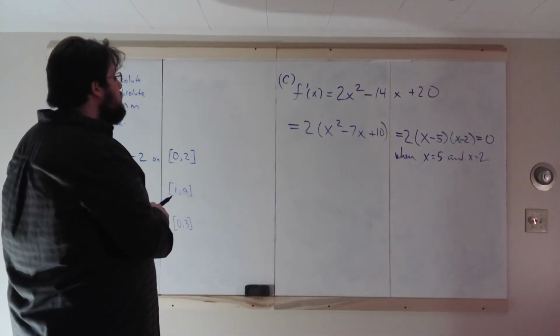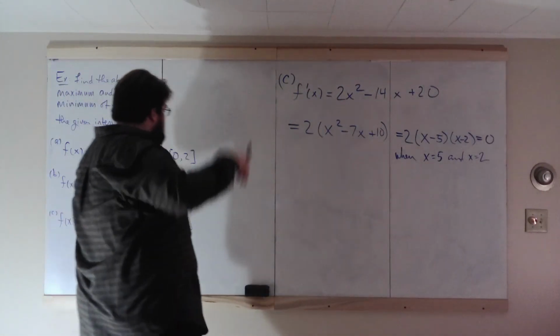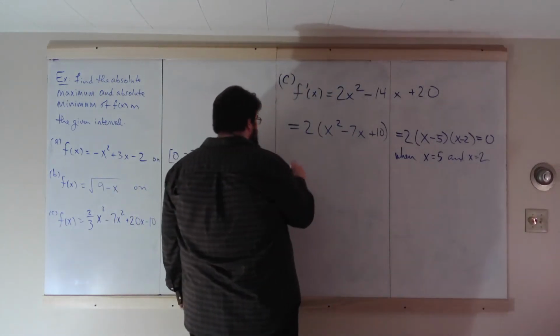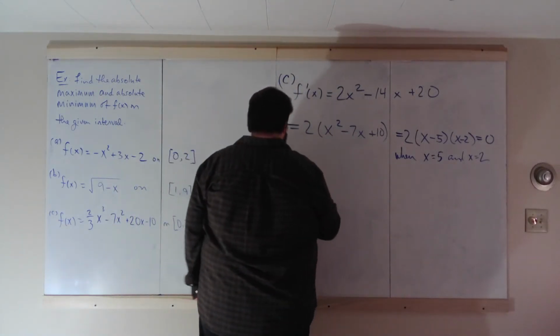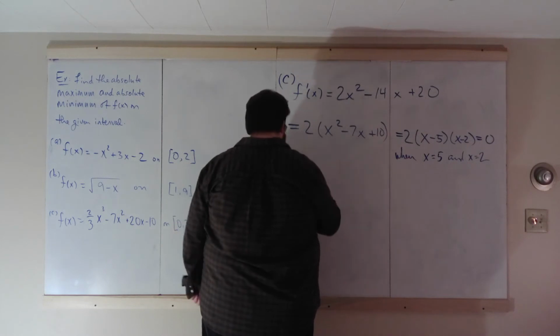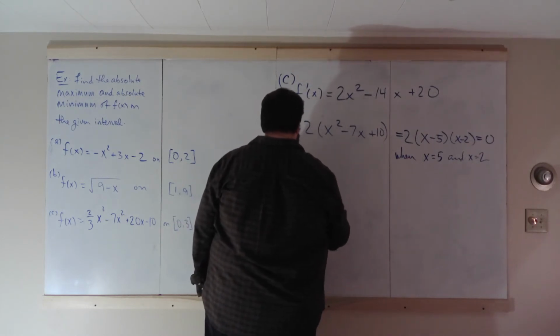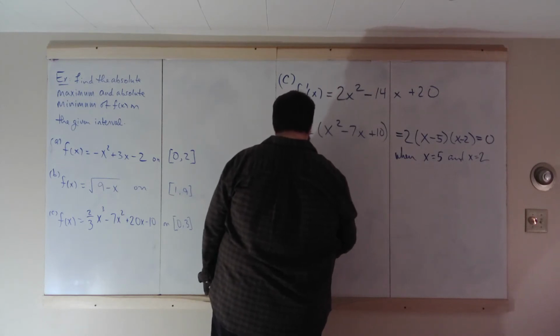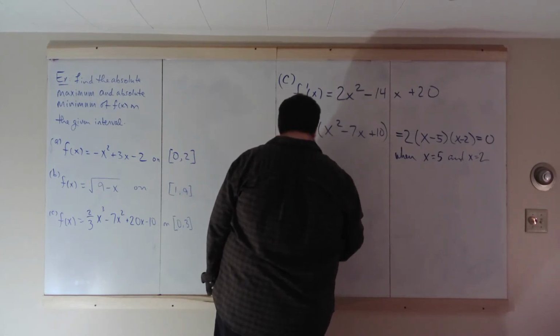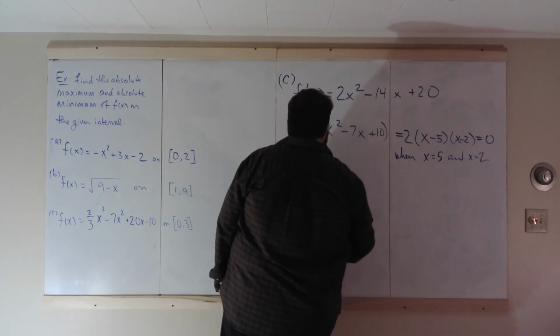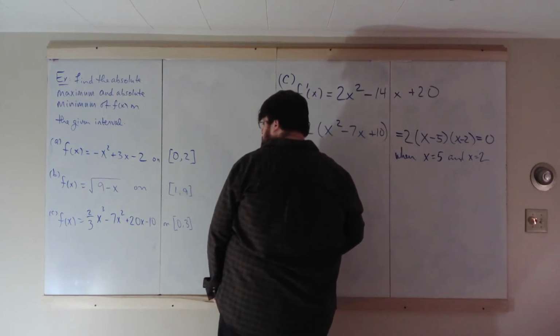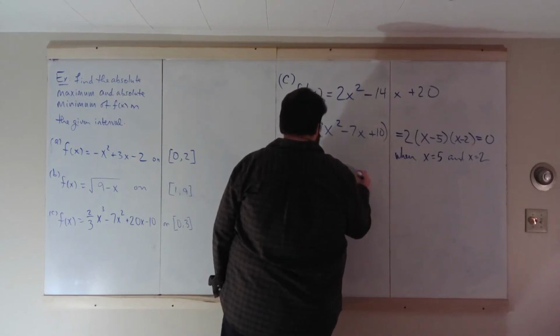So we found where the derivative is 0. It's never undefined. I'm not even going to write that since it's a polynomial. So now we just need to compare the function evaluated at those and the endpoints. On 0 to 3, f at 0, not f prime at 0, is -10.